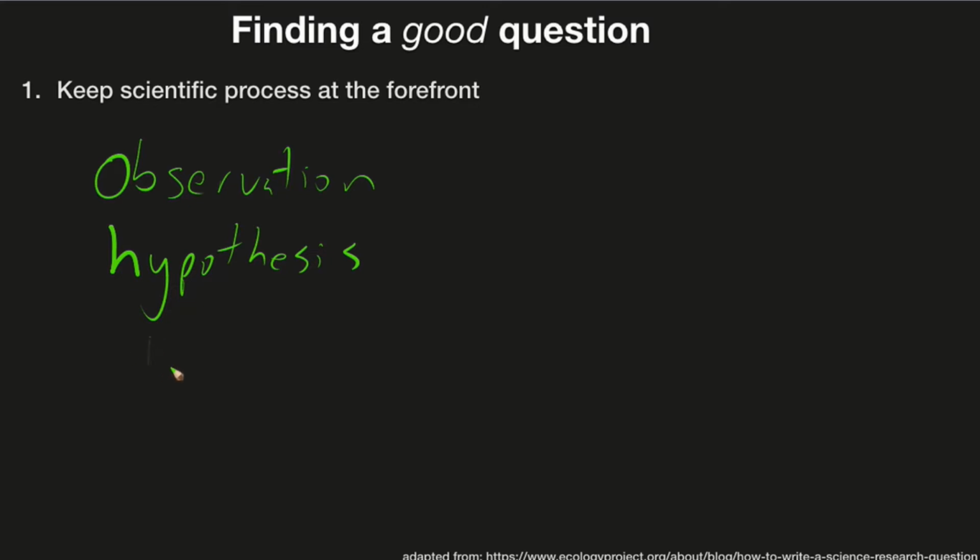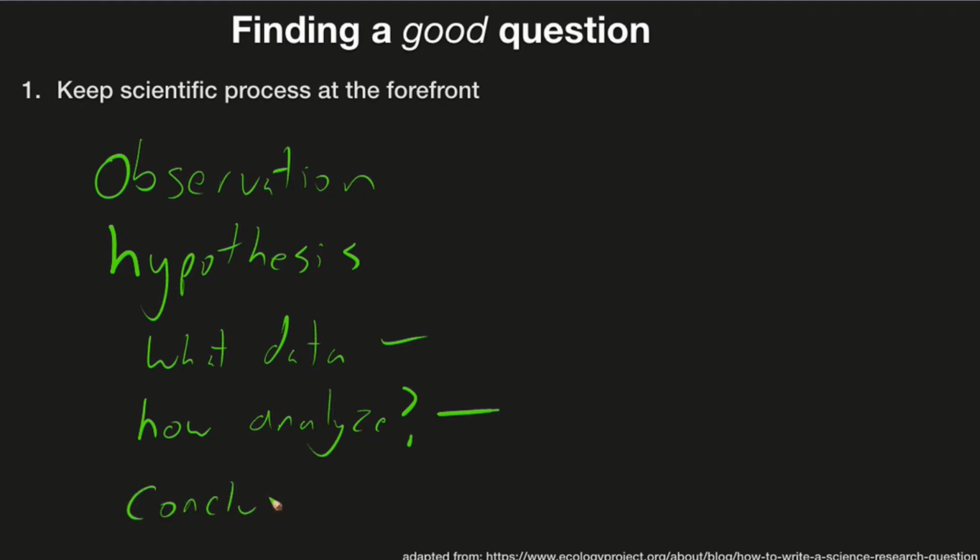So, what data might you need? And then, if you had the data, how would you analyze it? Say you got the ideal data, performed the analysis and got the output you expected. What kind of conclusions would you be able to draw related to your original question?